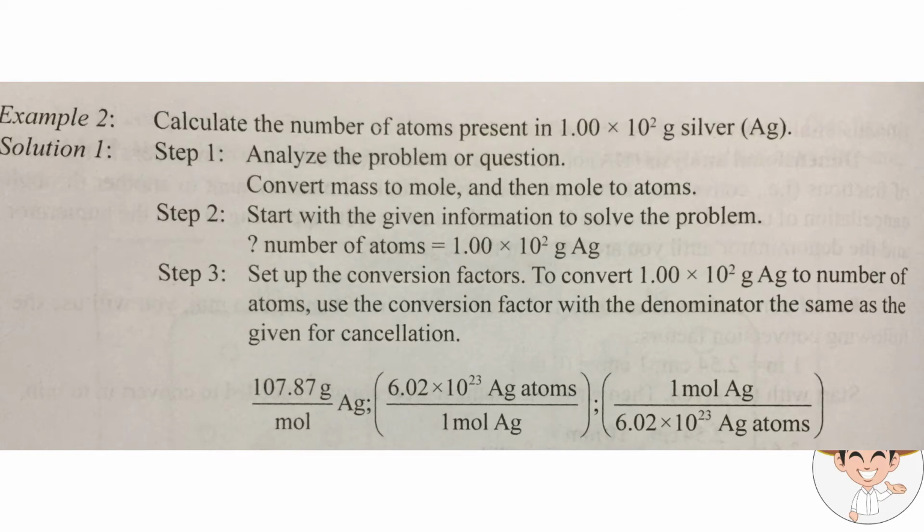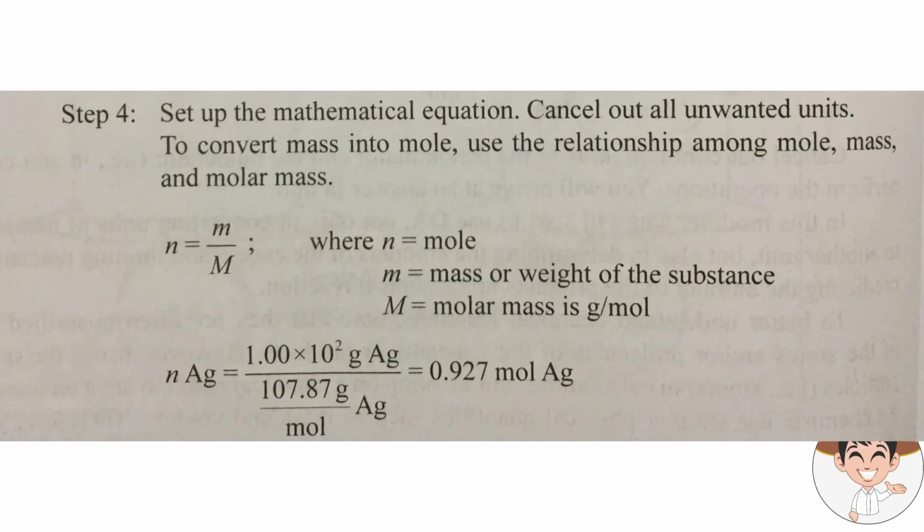Now, okay, we are going to convert mass first into mole. So we are going to use the mass given, which is 1.00 times 10 raised to 2 grams of silver. We are going to use this formula, which is n equals m over M, where n is the mole, m is the mass or weight of the substance, and M is the molar mass in grams per mole.